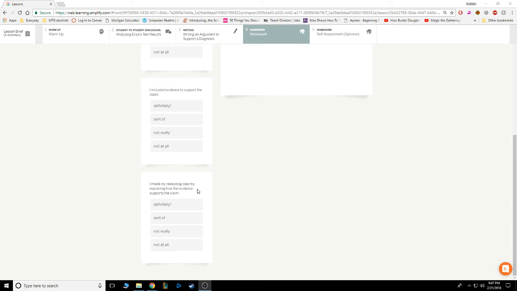The reasoning is, what I saw in my other tests from 2.4, that a person with asthma was getting less than Elisa. They were getting 12 oxygen molecules per breath, which means the people with asthma get less oxygen than what Elisa is getting. Therefore, Elisa cannot have asthma. So I took my evidence, that's the data table from the student-to-student discussion, and I reasoned it to explain why Elisa did not have asthma. That's the kind of thing you should be looking for in your own writing to make sure you're doing it correctly.